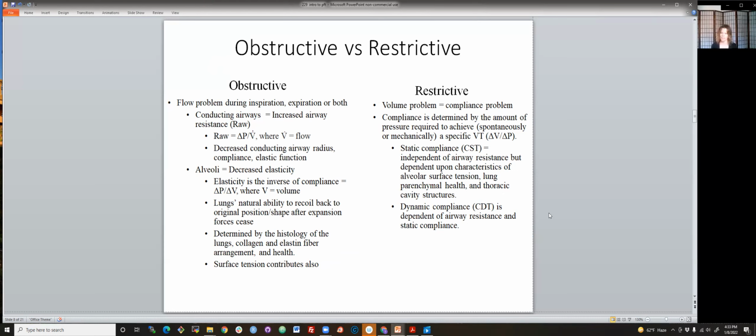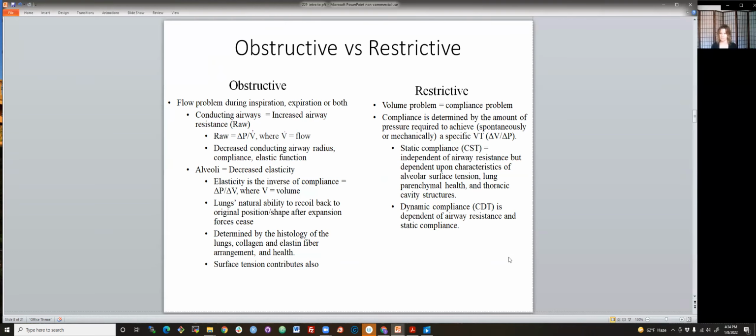Static compliance is very independent of airway resistance, but it's very dependent upon the characteristics of the alveolar surface tension, the lung parenchymal health, and the thoracic cavity structure. So if anything is causing them to be stiffer, not being able to expand and accept volume, that causes a static compliance problem. Dynamic compliance is basically moving that air into the lungs to expand and be able to create or have that static compliance.